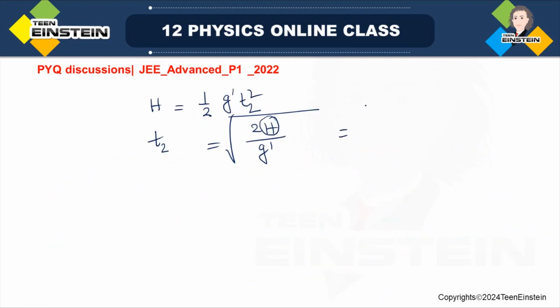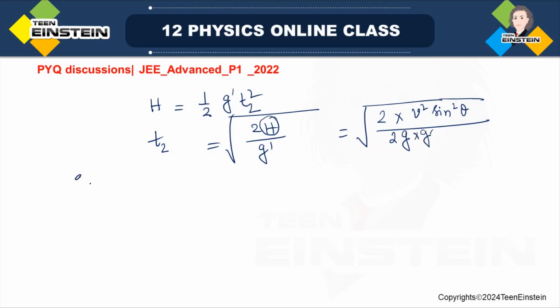Let us put that. So 2 into v square sine square theta by 2g, and this g prime is also there. So let me write that also, g prime.